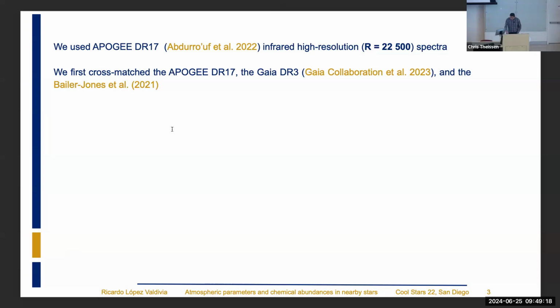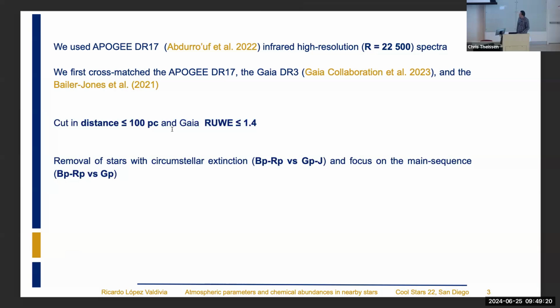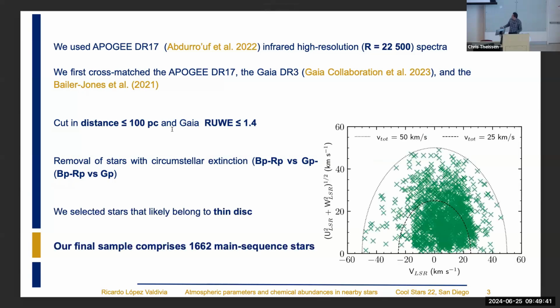We constructed our sample with a cut in distance, focusing on stars within 100 parsecs, and we try to reduce the contamination by binaries with the Gaia RUWE parameter. We remove stars with circumstellar extinction, and we focus on the main sequence through photometric diagrams. Our final sample comprises over 1,600 main sequence stars that likely belong to the thin disk.